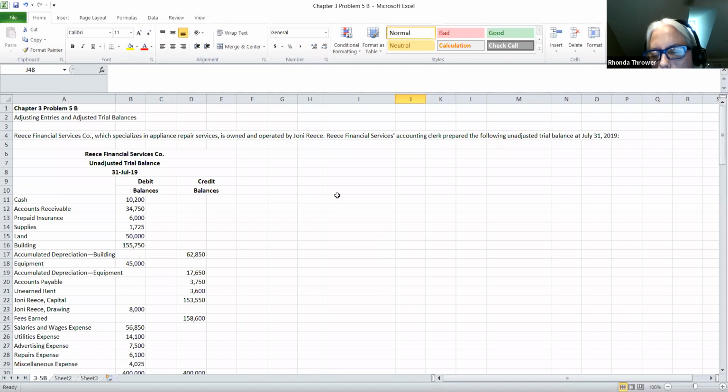Journalize original entries, post the original entries to the ledger, prepare an unadjusted trial balance. We did all that in chapter 2. We're adding to this in chapter 3 that you're going to have to journalize adjusting entries, post those to the ledger, and prepare an adjusted trial balance.